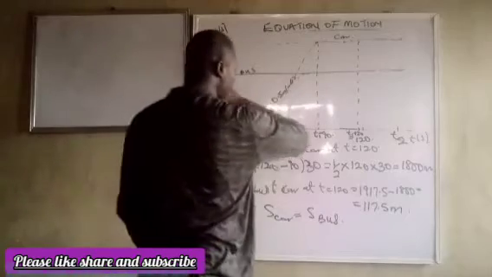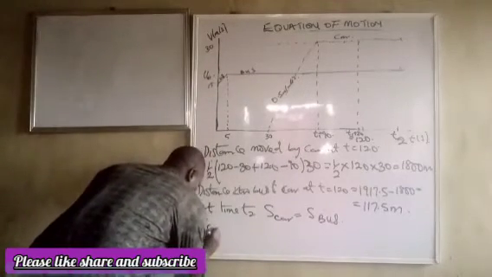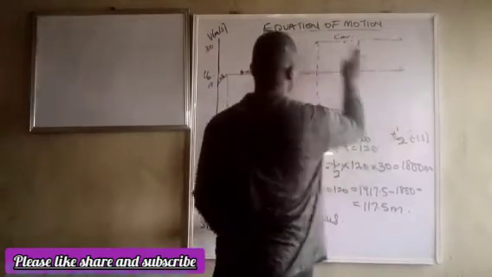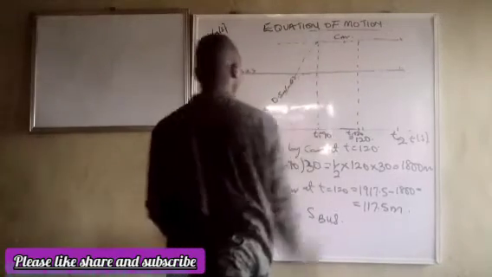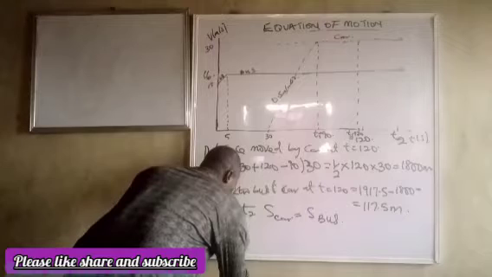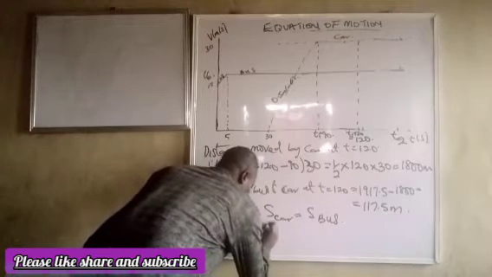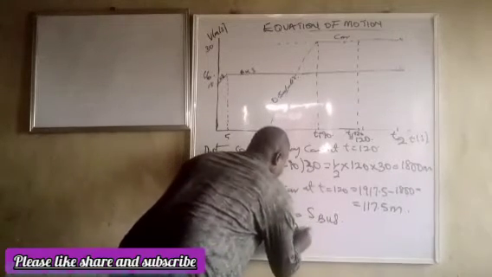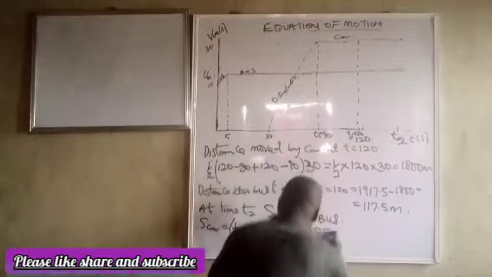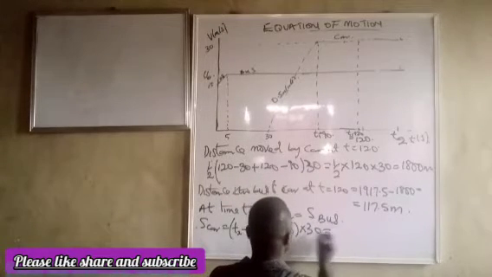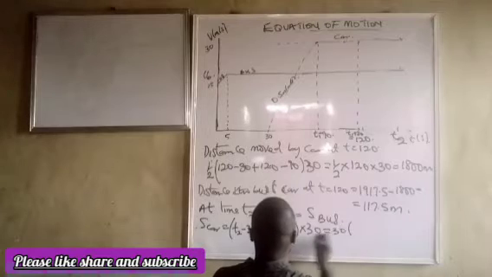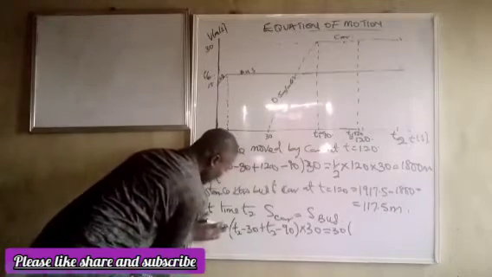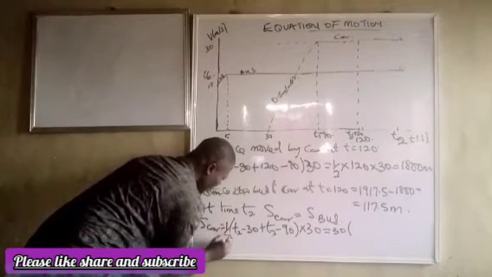So, let's check. The distance by the car will be equal to t2 minus 30 plus t2 minus 90 times 30, sorry, it's going to be half.